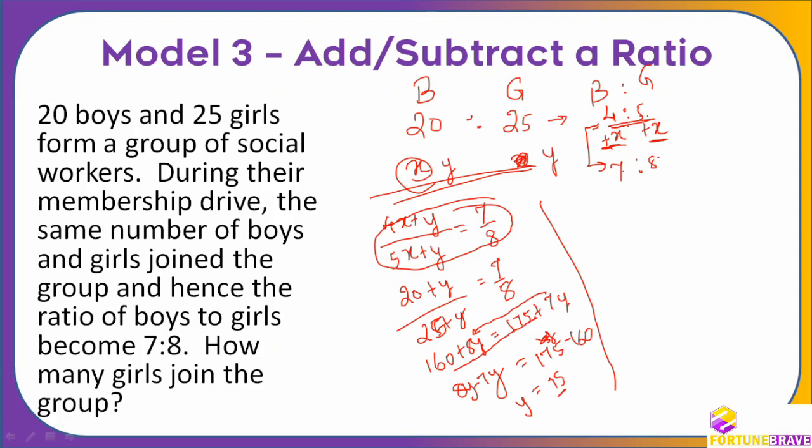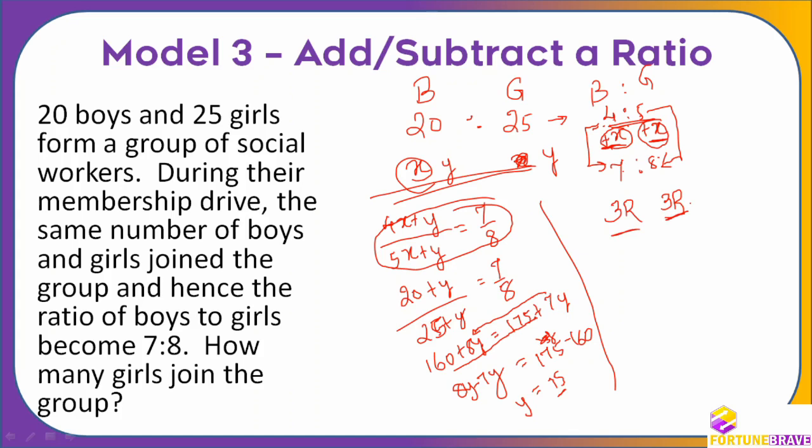So the same number is being added, the same ratio is added and the same actual value is added. So 4 becomes 7 and 5 becomes 8, which means 3 ratio is being added on both sides.